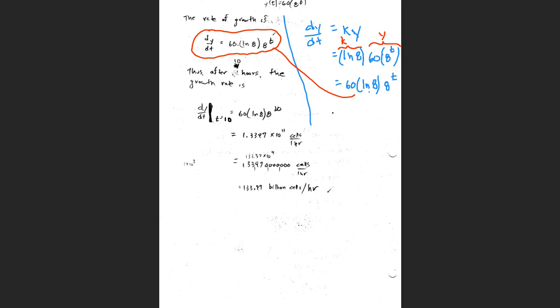We substitute in the 10 here. And wow, we end up getting, what notation is this? 1.3397 times 10 to the 11th power. What notation is that? Do you remember? I'm sure you've had chemistry. Well, you've seen this in math too. What kind of notation is that?